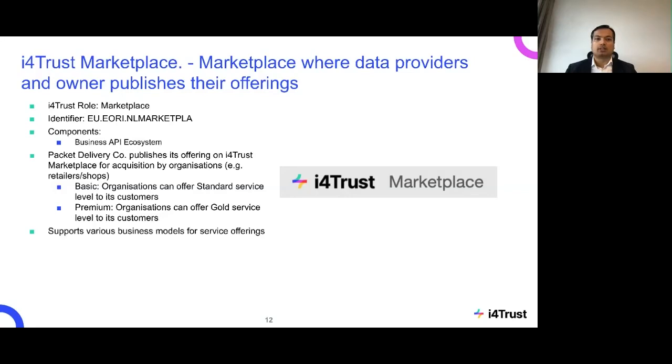So in this example, the package delivery company publishes its offering, and it basically creates two offerings. One is the standard and the other the gold, so basically the basic and the premium, and it can have different pricing attached to it. And of course, the marketplace supports various business models, as we had seen yesterday.